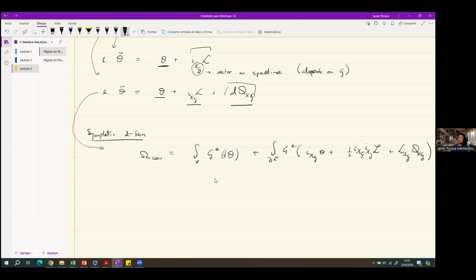So the first term is the usual contribution of the symplectic potential. But now we have all this stuff coming from the boundary, so it's a corner term. And these terms depend on the differential of the embedding map procedure. Here we have the inner product of the symplectic potential with this vector field.